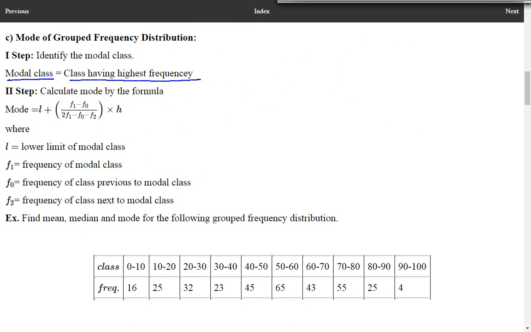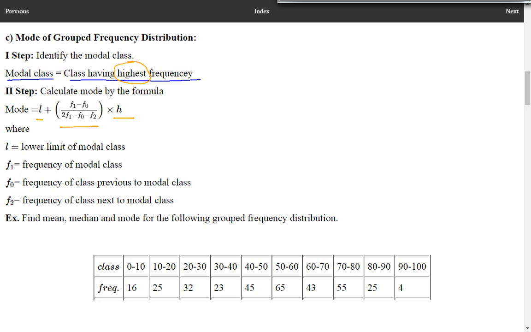Then mode is given by the formula: mode is equal to L plus f1 minus f0 divided by 2f1 minus f0 minus f2, and the whole bracket multiplied by h.